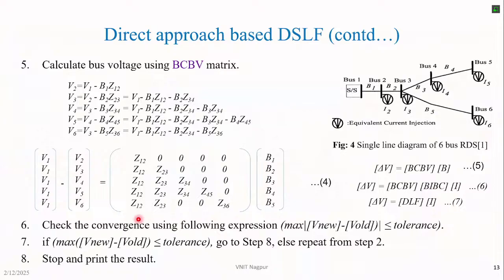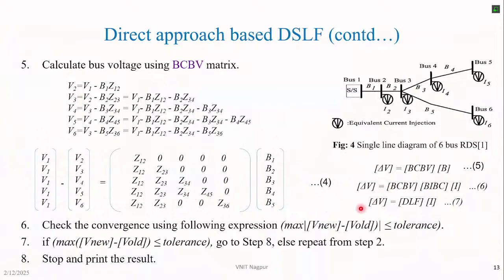In this way we have calculated the mismatch for bus 1 and bus 6, and finally we formulate this formula. In a smaller way, if we represent it in terms of delta V, we can say it is the BCBV matrix into the branch current over there. So this matrix is known as BCBV, the branch current bus voltage matrix.